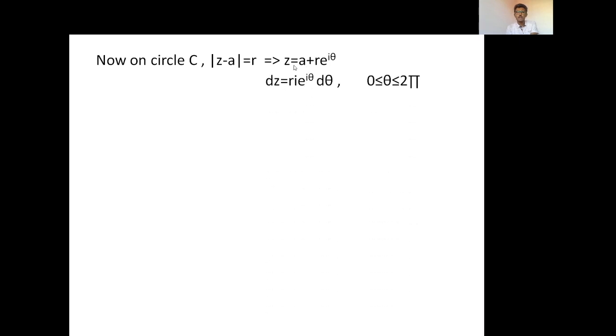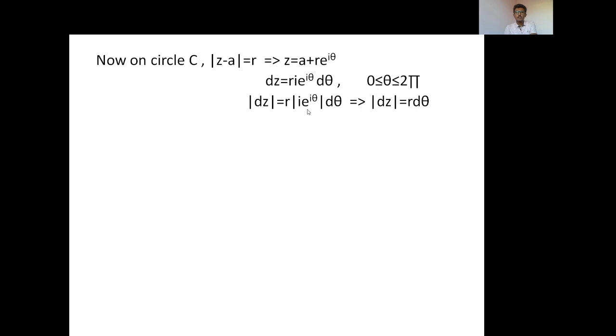Therefore dz is equal to, a is constant so its differentiation is 0, and r is also constant, so take it as common, and the differentiation of e power i theta is e power i theta into i, into d theta. And since this is a circle, theta varies from 0 to 2 pi.